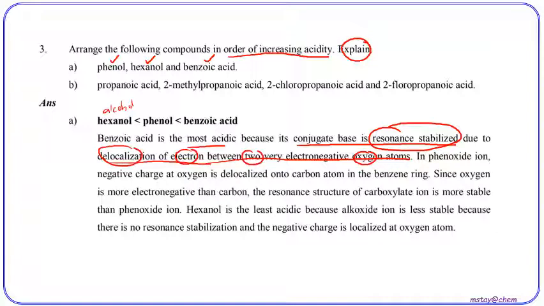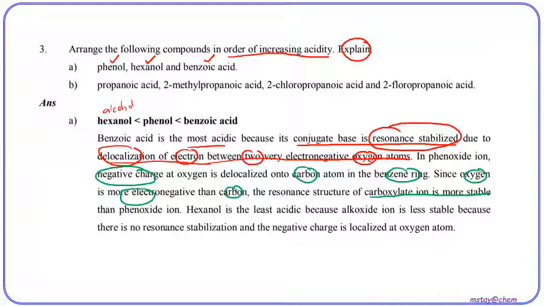While the other one is the phenoxide ion. We can also use the term negative charge at the oxygen delocalized onto the carbon in the benzene ring. Because oxygen is more electronegative than carbon, the carboxylate ion is more stable and causes benzoic acid to be more acidic than phenol.